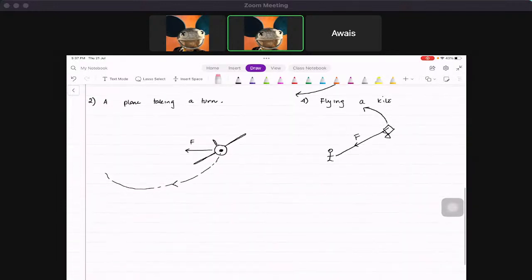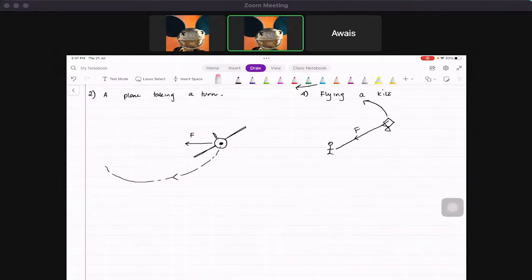Okay. Now, one of the questions they're going to ask you is, why does the speed stay constant but the velocity changes?